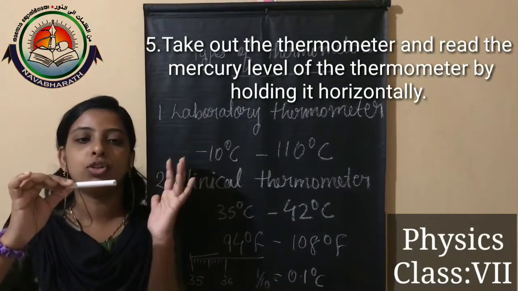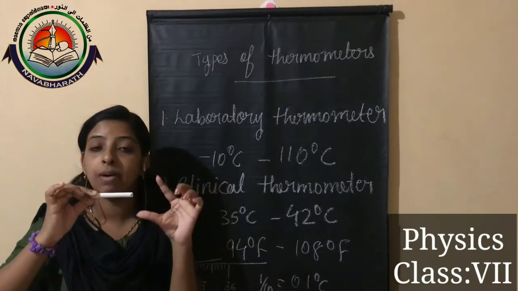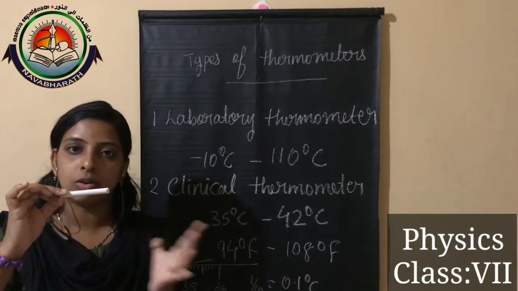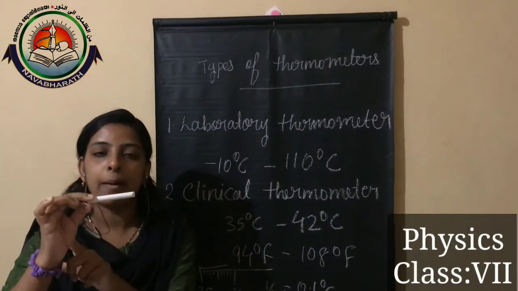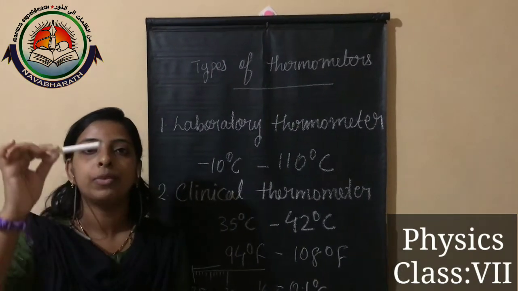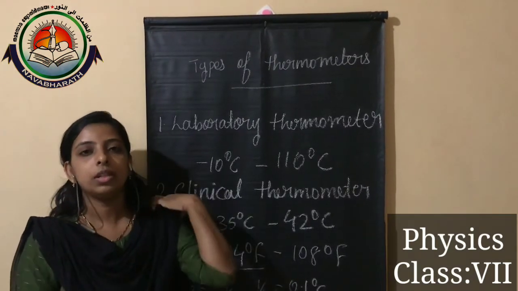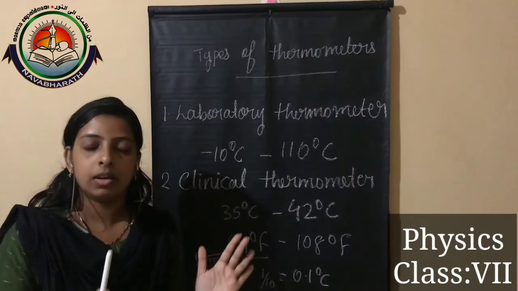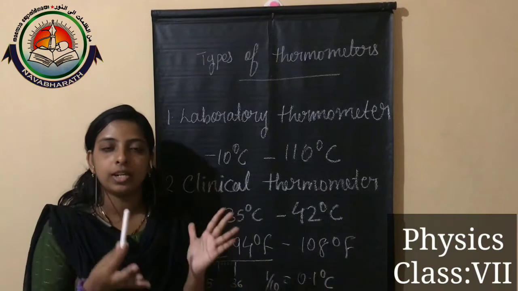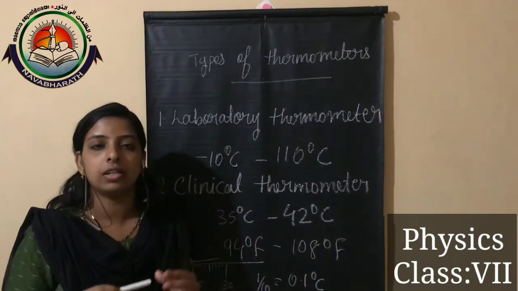At that time we should never touch the bulb of the thermometer with our fingers or hands, as it will also lead to some error in the measurement. We should hold the thermometer only by the upper part. Okay, that's all. These are the various points you have to keep in mind while reading a clinical thermometer.